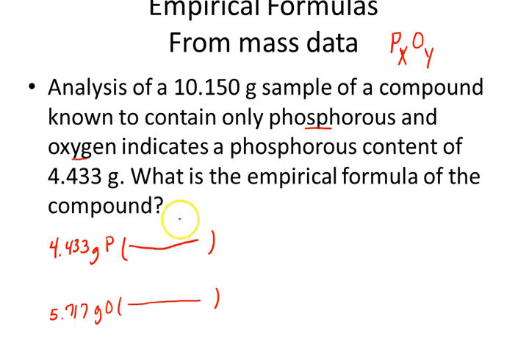We need to convert to moles because we're looking for this x y mole ratio. To do that, same standard problem solving style: we want grams phosphorus over moles phosphorus, or moles over grams. 1 mole per 31 grams, and 1 mole oxygen over 16 grams.